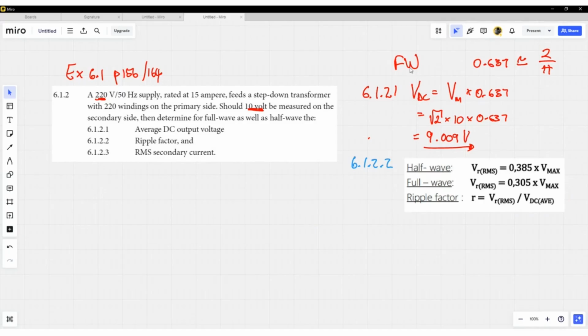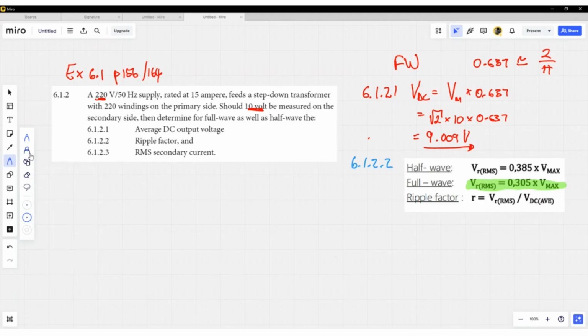Right, so because we're working with a full wave rectifier, we are going to use this formula here. And then the ripple factor is going to be an easy step from there.